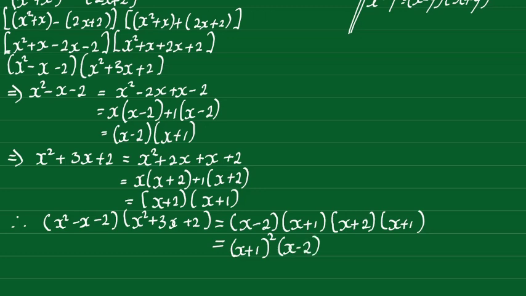We have here (x + 2). So our final answer for this expression is (x + 1)²(x − 2)(x + 2). Thank you.